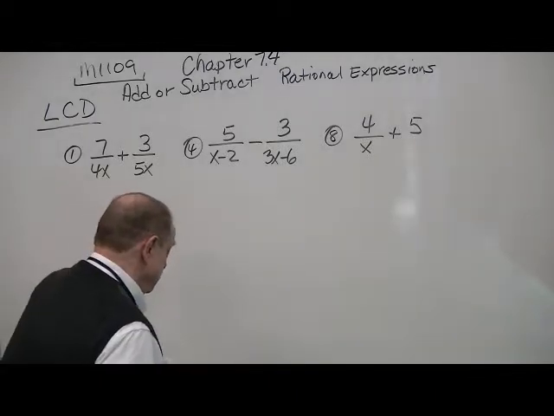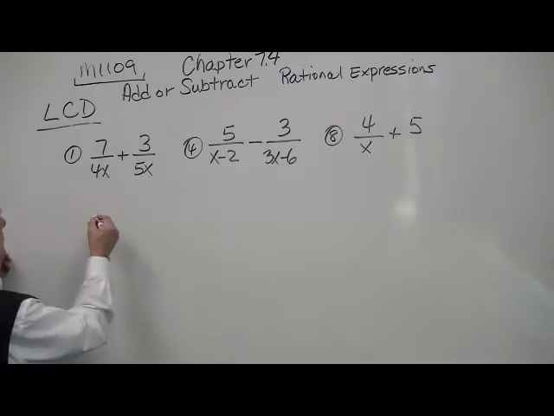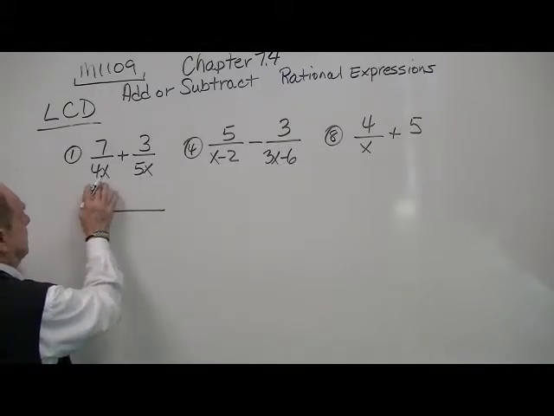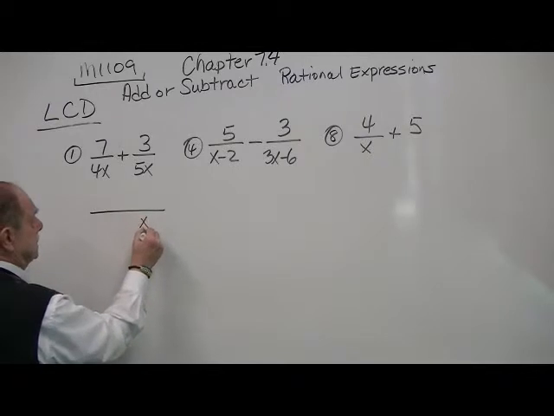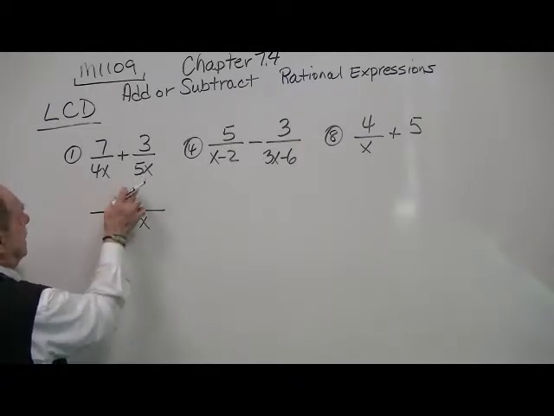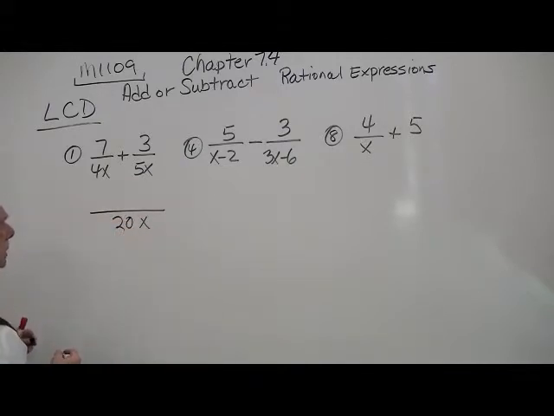The strategy will be to find out what our common denominator is. In this case, I'm going to need an x, and I'm going to need a 4 and a 5, so I need a 20. So my common denominator there is 20x.